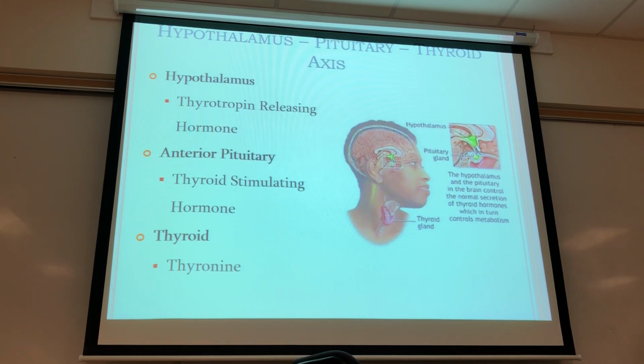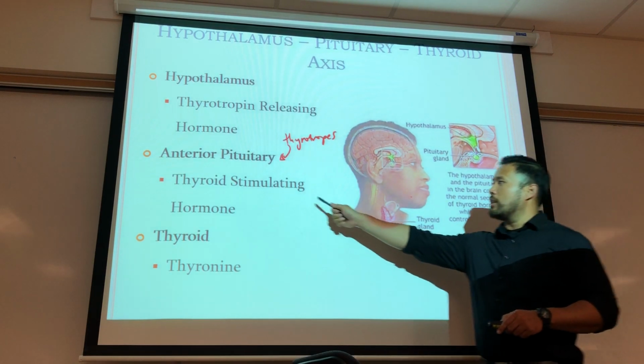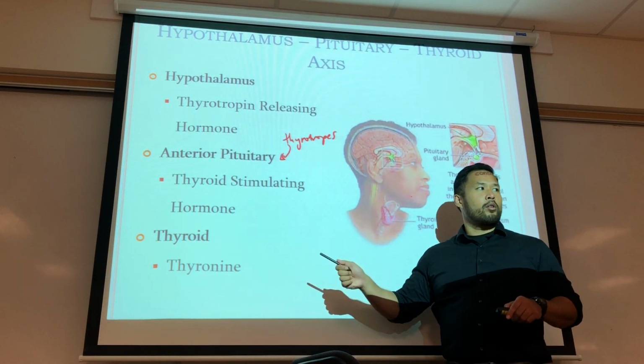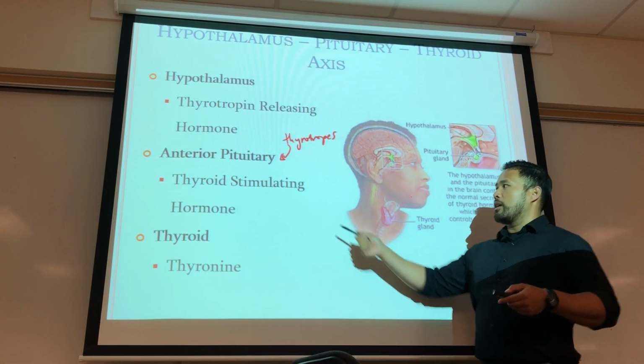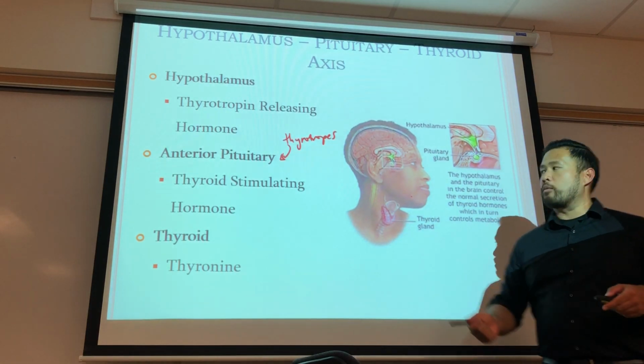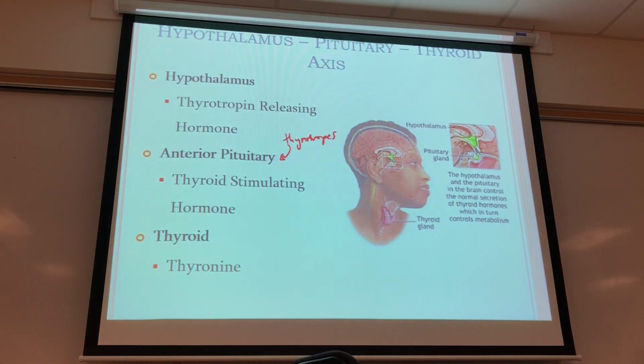And the thyrotropes, where are the thyrotropes? The thyrotropes are the cells located in the anterior pituitary. So naturally, this hormone is going to come in and stimulate the thyrotropes to produce the next hormone in line, our thyroid-stimulating hormone. And obviously, just looking at the name, thyroid-stimulating hormone, otherwise known as TSH, is going to stimulate the thyroid.